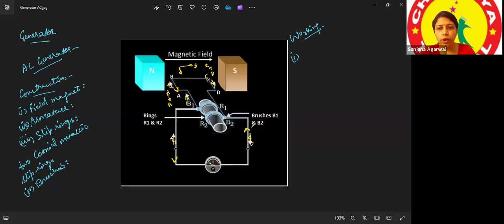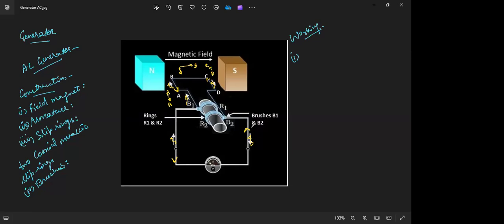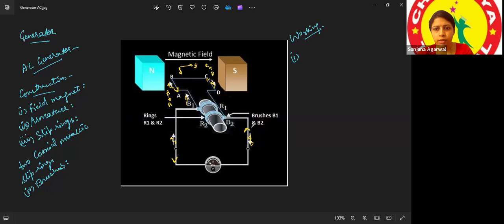As the coil rotates in anti-clockwise direction, start writing the first point of working. As the coil rotates in anti-clockwise direction, the side AB moves down. Keep the arrows very small, Pranavi.